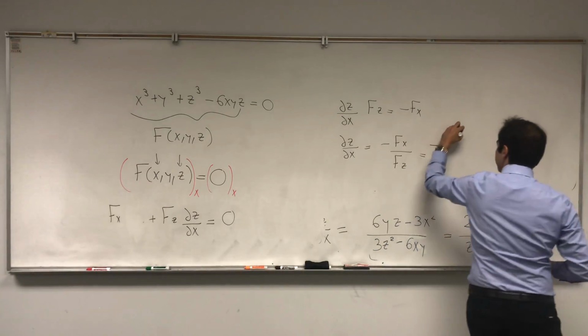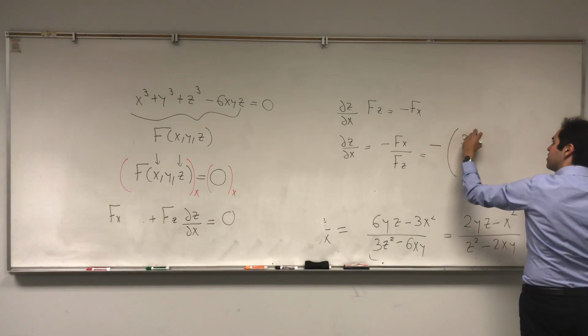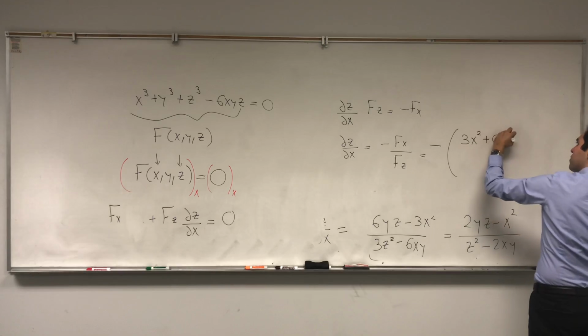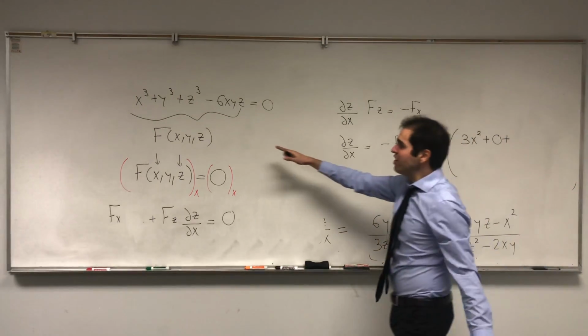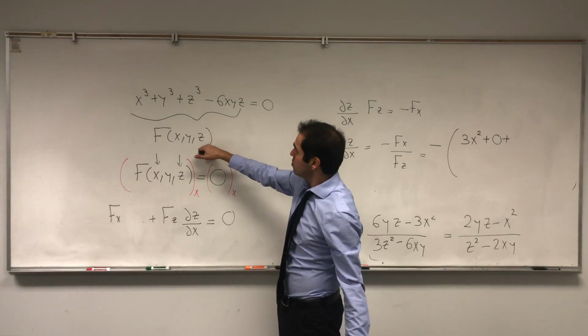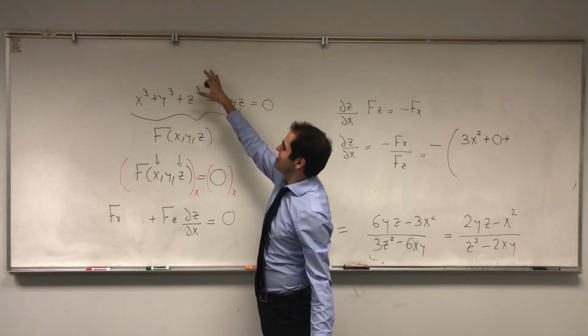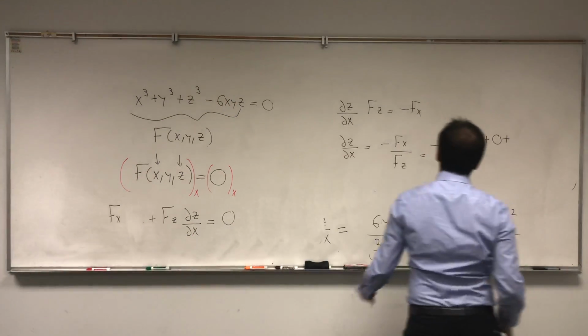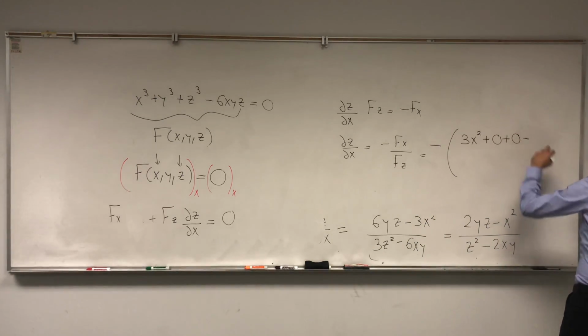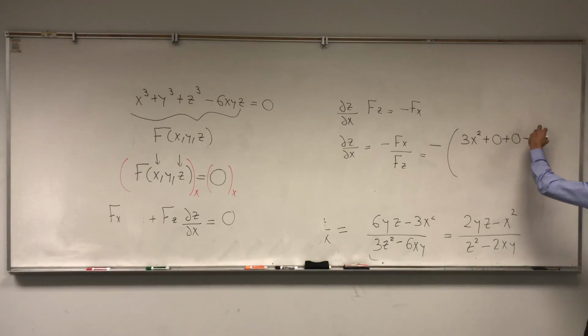Again, f here depends on 3 variables, so thinking of z as a variable, its derivative with respect to x is 0, and then minus 6yz.